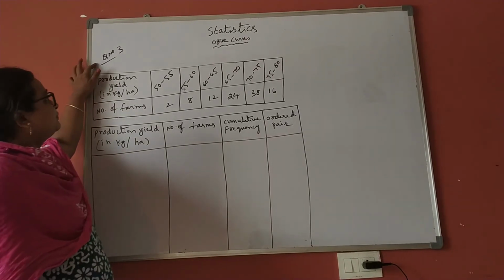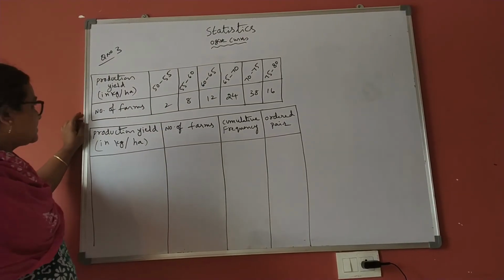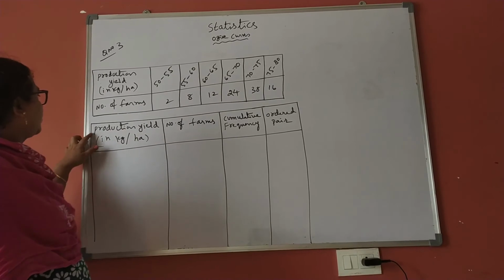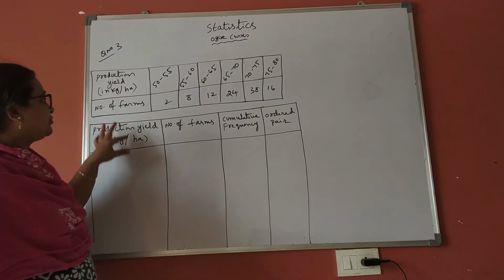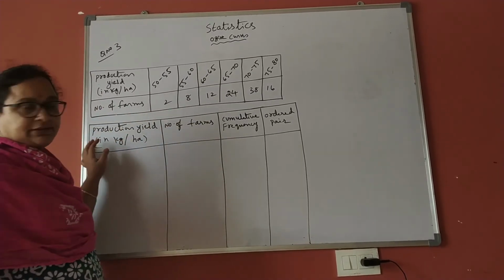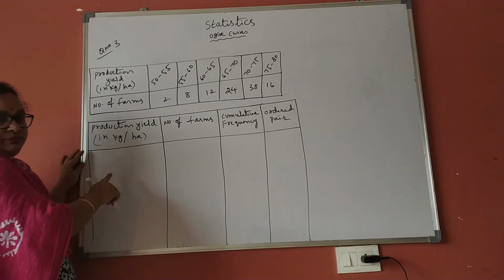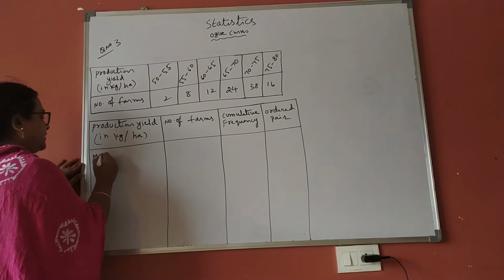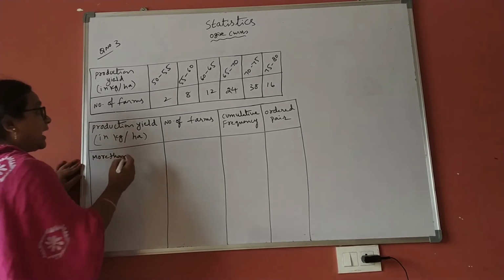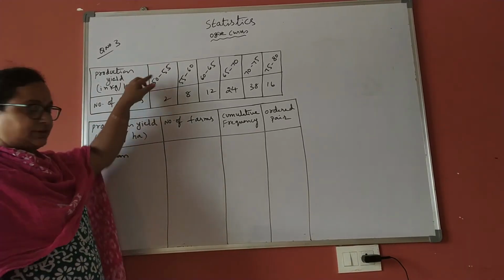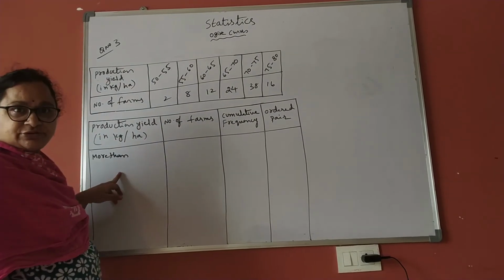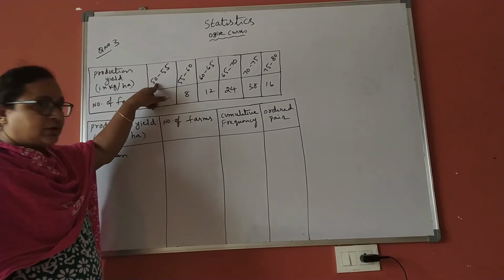Question number 3. They asked us to draw a more than ogive for this data. Production yield in kg per hectare and frequency, number of farms, is given. Because this is a more than ogive, we need to consider the lower class limit.